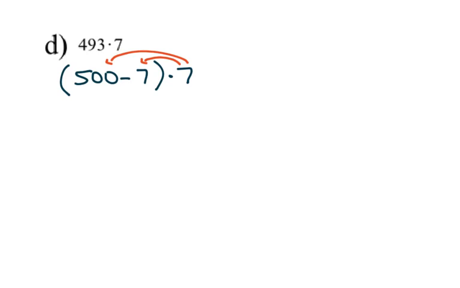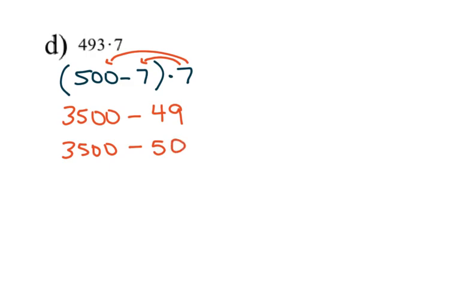500 times 7 is 3,500, and 7 times 7 is 49. Now for me, subtracting 49 did not make this easier, so 49 is really close to 50, so I may subtract 50 and then add back one more, because I don't want to subtract all of 50, I want to subtract 49.